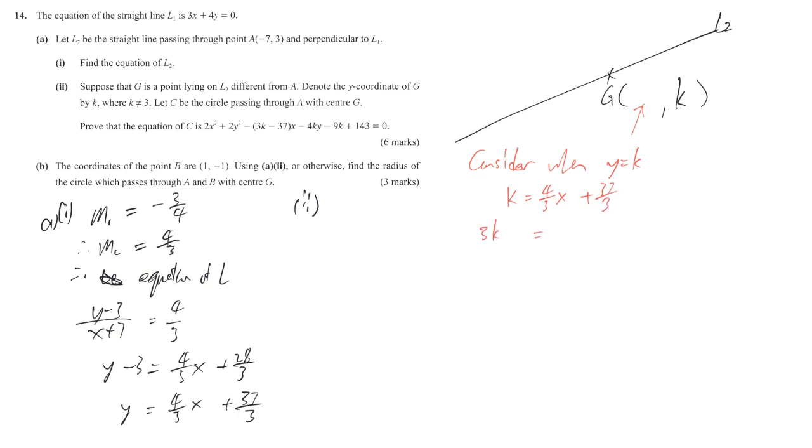So 3k is equal to 4x plus 37. We want x. So x is equal to 3k minus 37 and then divided by 4. This one is supported by the terms here. So we know that our calculation fits the result to some extent.